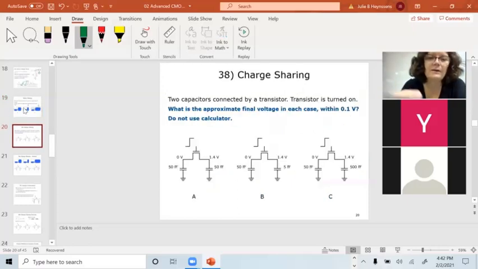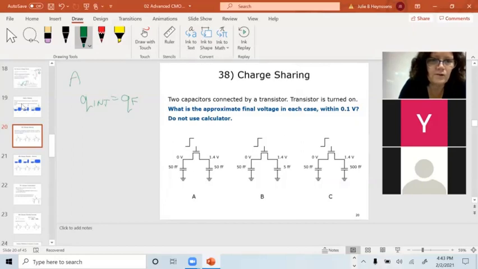So like right here, now my spigot is a MOSFET, of course. I start out with 0 volts. My Q initial has to equal Q final. Let's just go for broke. If I'm looking at example A, my initial charge is 0 times CV, 50 femto, plus the charge on the other capacitor, which is 1.4 times 50 femto.